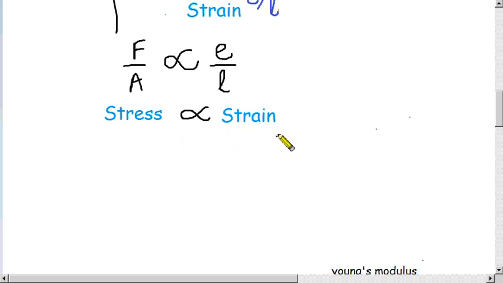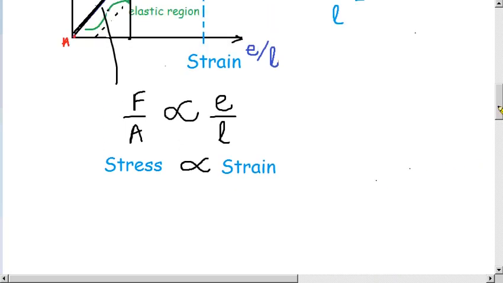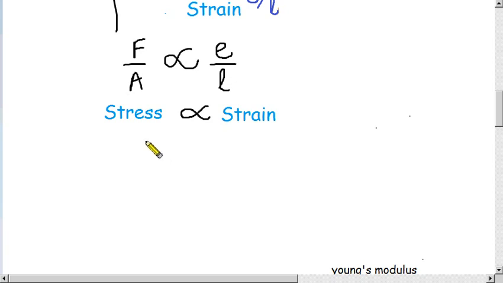Let us discuss this relationship first. Stress is F divided by A, strain is E divided by L. So we can write stress equals K times strain.